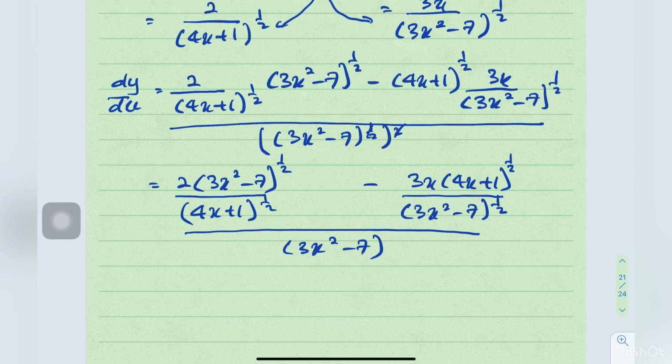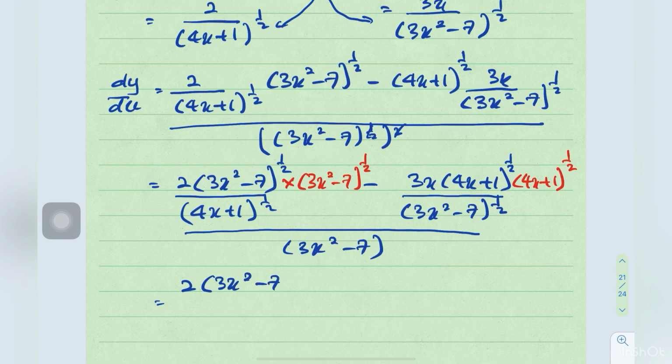Okay, so this one equate the denominator. So this one times (3x squared minus 7) to the power of 1/2, this one times (4x plus 1) to the power of 1/2. Then we can simplify, this one becomes 2(3x squared minus 7), half plus half is 1. Okay, minus 3x, this one also half plus half is 1, (4x plus 1) to the power of 1.